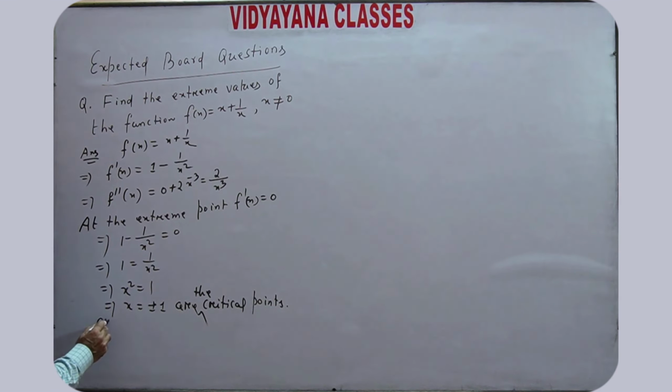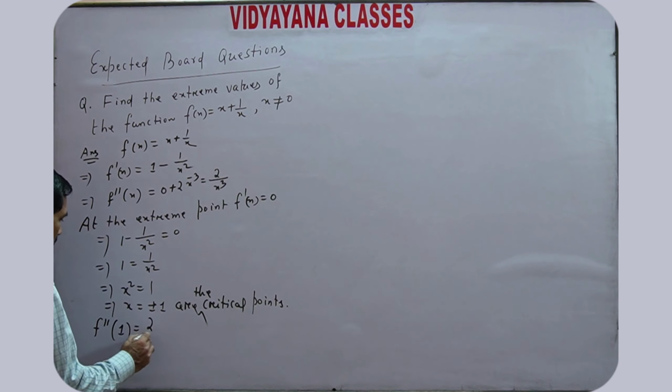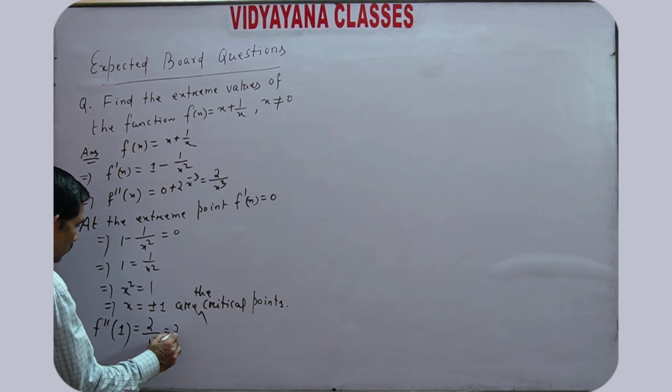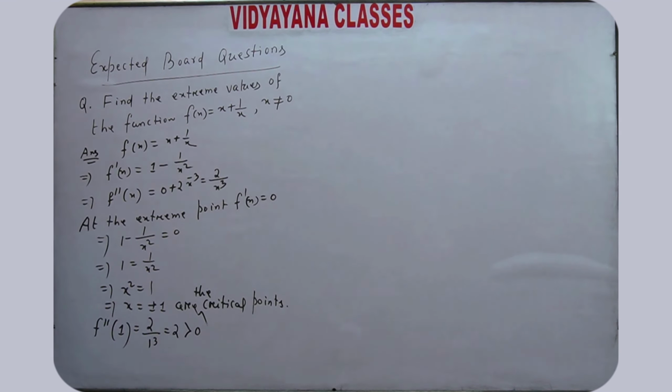f double dash 1 is equal to 2 divided by 1 cube is equal to 2, greater than 0, implies f is minimum.